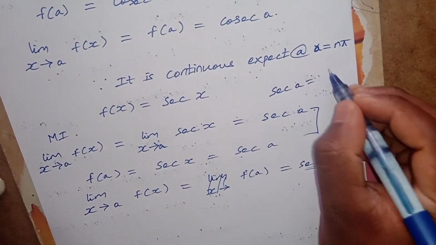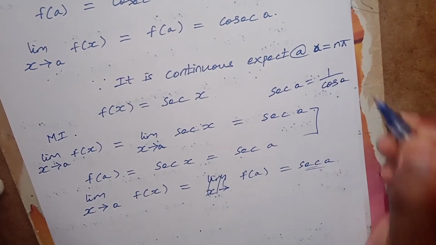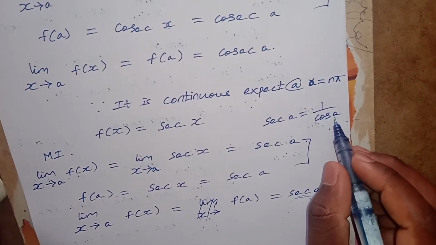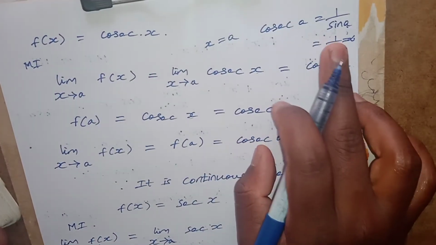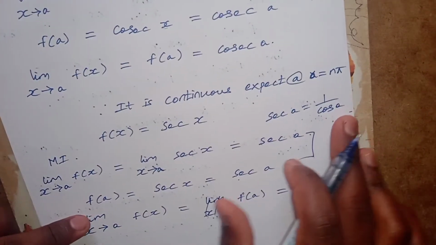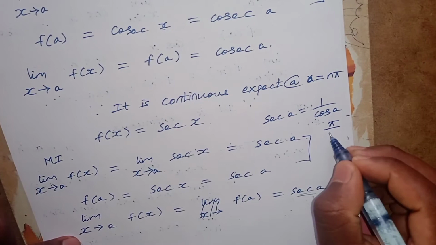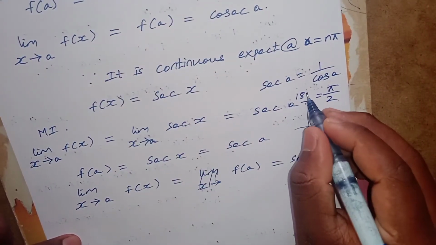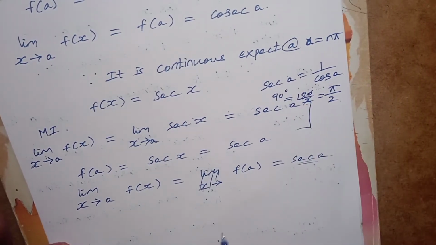secant a is equal to 1 by cos a. Okay, here cos 90, here it is 0, for here it is sine 0, 0. But here cos 90 is 0, therefore cos 90 is nothing but pi by 2; pi by 2 equal to, if you cancel here it is 90.